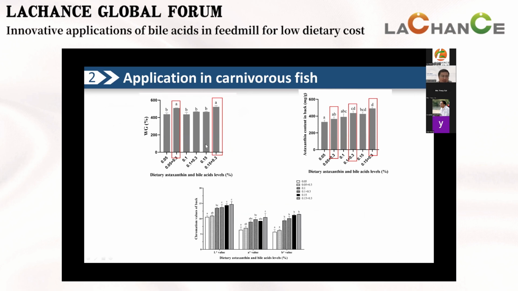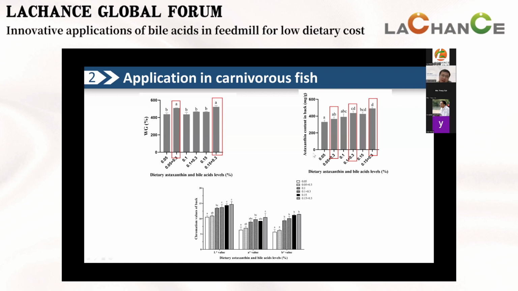We can see that when you supplemented the bile acids in the diet, no matter the level of the astaxanthin, bile acids would increase the weight gain of the fish.